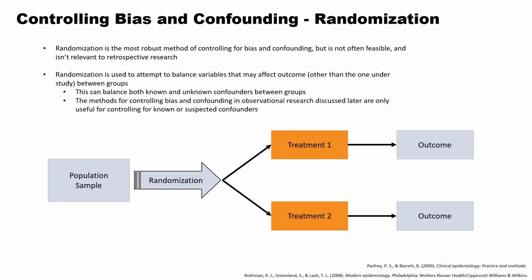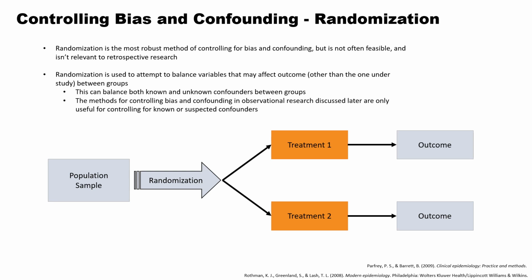And its primary advantage is that it can balance both known and unknown confounders. So the methods that we use for controlling bias and confounding in observational research that we discuss later are only really useful for controlling known or suspected confounders. And so that's why we need to carefully consider the different factors in our research design.